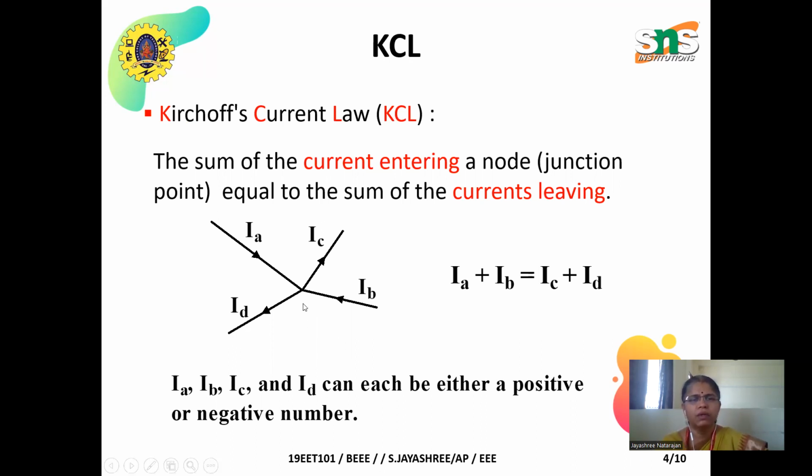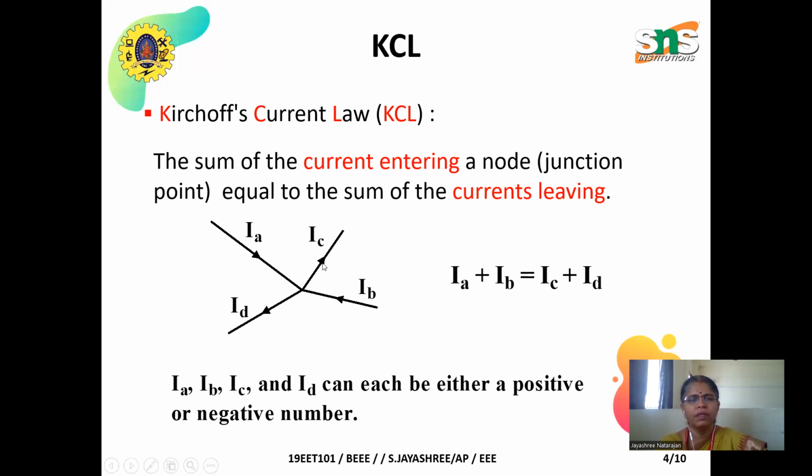Okay, so look into this picture. There are four branches, 1, 2, 3, and 4. Let us assume the current through the first branch is IA. The current IA is entering this junction, this meeting point. The current IB is also entering this junction.